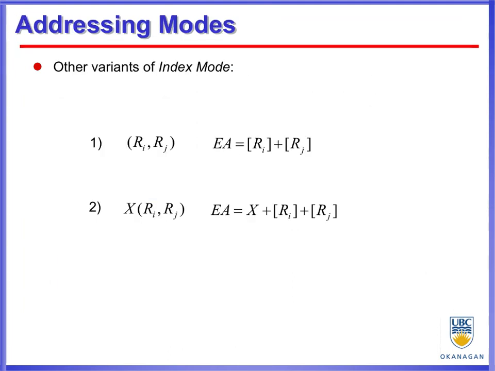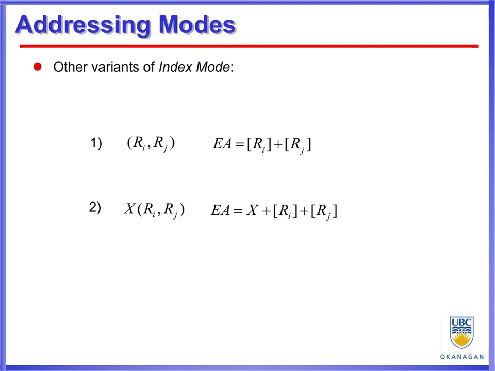So I said there were a few other indexing modes or addressing modes we haven't looked at. There is a variation on the index mode. Remember, the index mode is the indirect mode where you have a register containing an address in it and you add an offset. Well, instead of that offset being an immediate operand in the instruction, the offset could also be in another register.